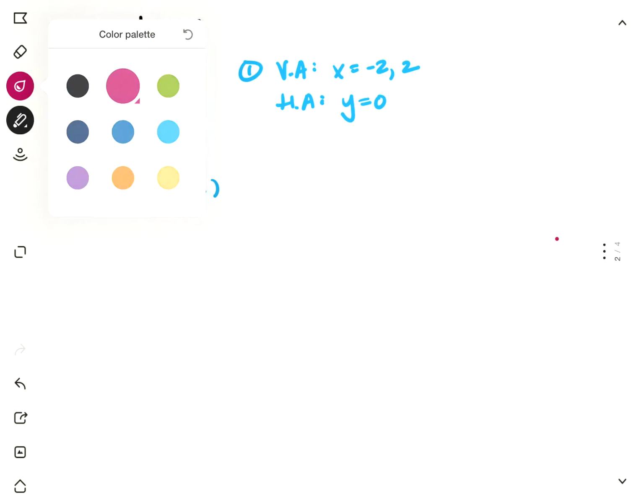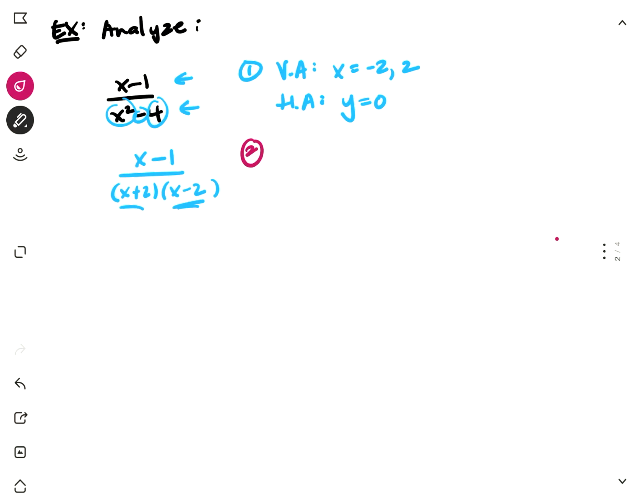Let's change colors here. Step 2 from the previous one is we're going to find all our intercepts. So let's do that. I should say y equals 0.